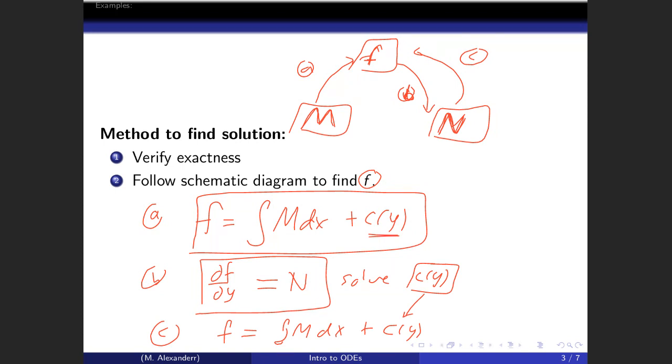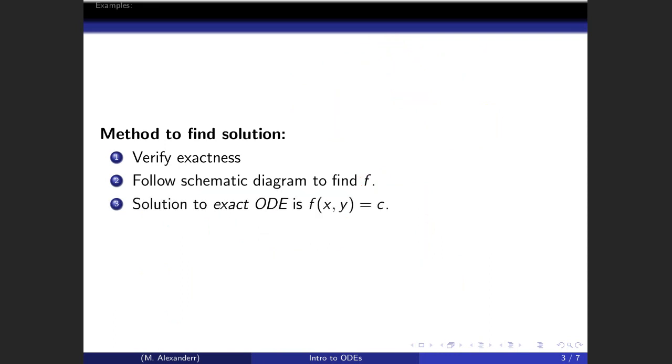But I'm going to go into an example just to show what this looks like. Suppose you have a formula for your f function, and it gives the solution to the differential equation that was given to you at the very beginning.